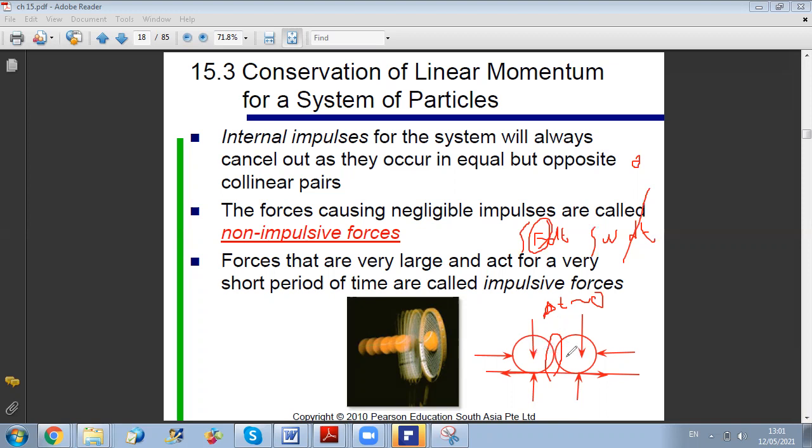For example, say the balls are not smooth, they are rough, so there is also friction between them. But if you take the whole system, this force will be internal, so I don't count it. But if I take each ball separately, ball 1 alone and ball 2 alone, the dominant forces, the impulsive forces, will be the force of impulse coming from the collision. For example, here due to collision I have F of B on A, let's say.